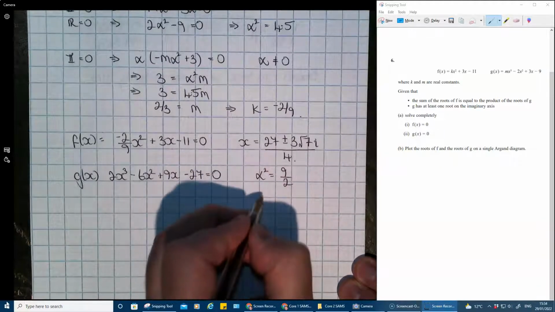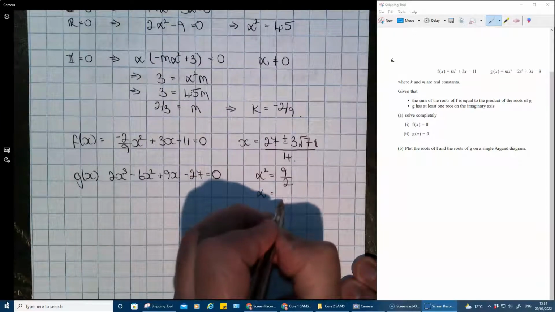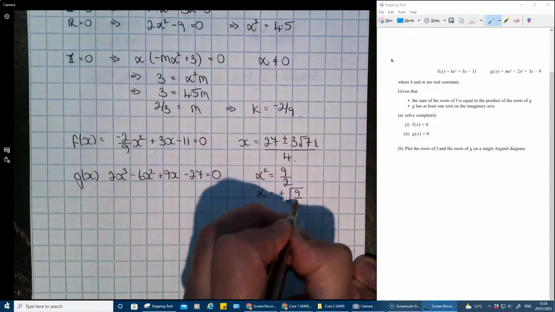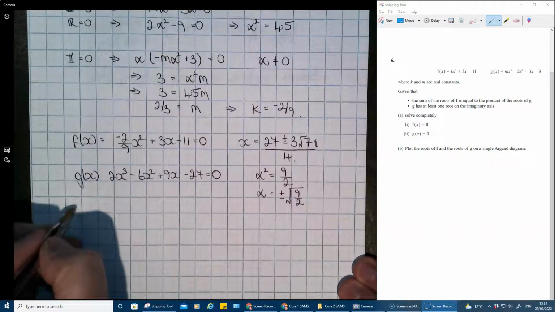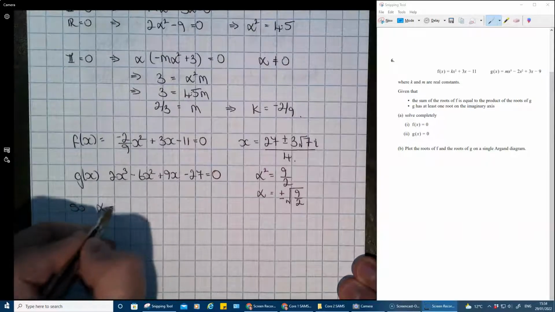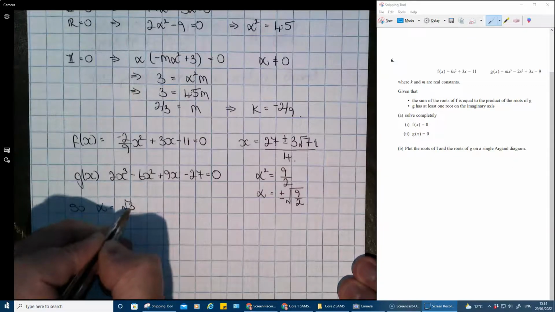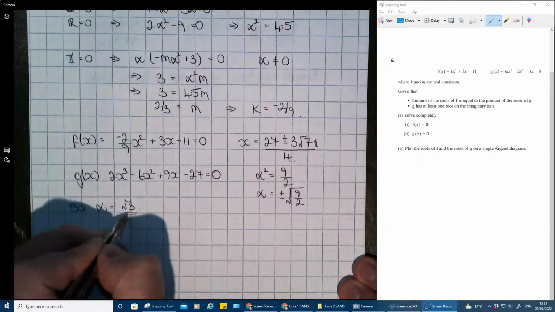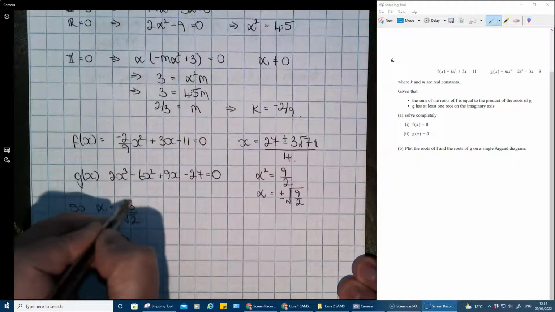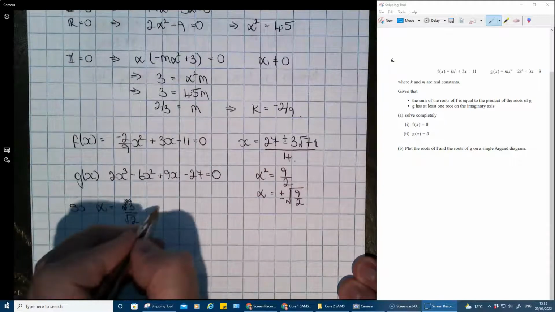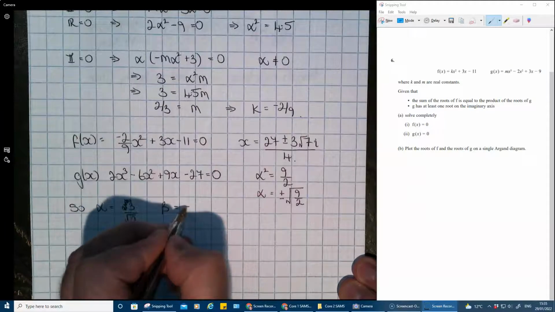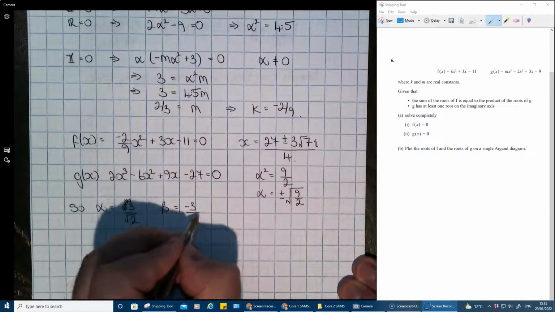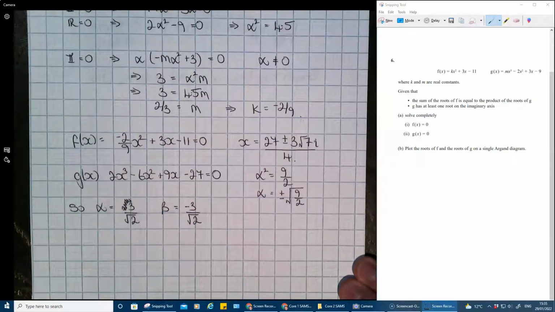So alpha equals, well, it's going to be alpha and beta, root 9 over 2. So we've got alpha equals 3 over root 2, apologies. Beta is, because they all come in pairs, minus 3 over root 2, the other root here.